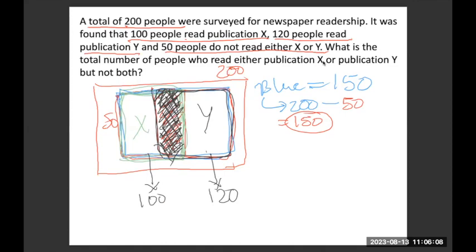So I deduce that 150 will be housed in this box which is provided. Find the total number of people who read publication X, which is this much, and publication Y. If I find this bottom middle part, I will be able to find this part and that part together.